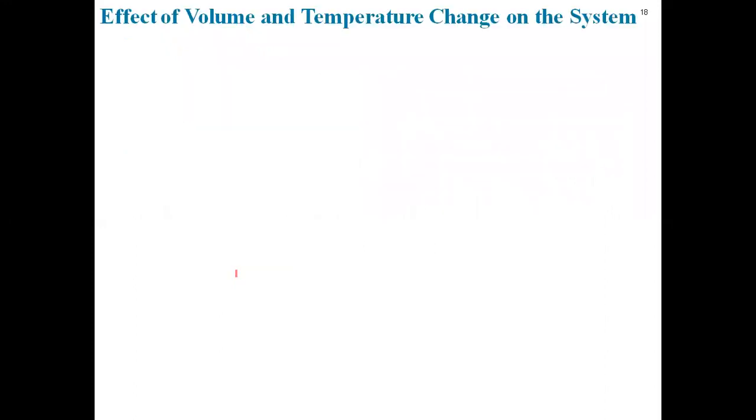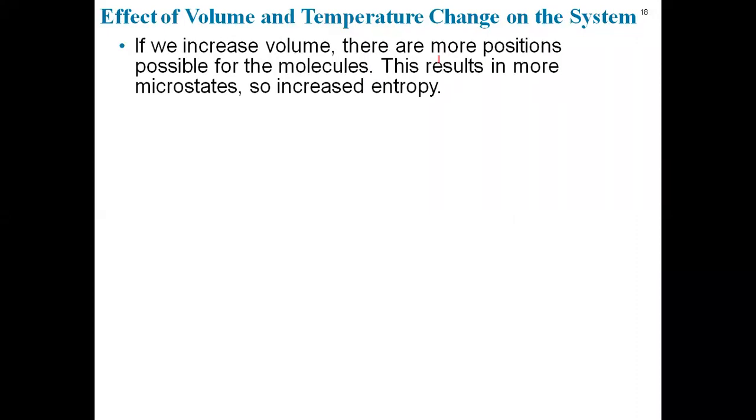Right, so all these common variables like volume, temperature, and state change will have some effect on the entropy of the system. For example, if we increase the volume, there will be more possible positions for the molecules.